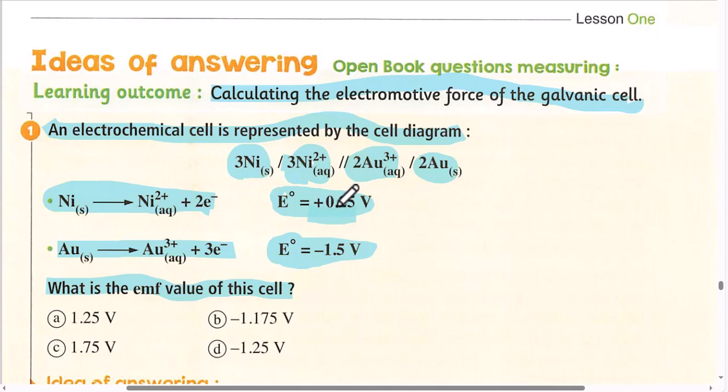So it is 0.25 minus negative 1.5, the oxidation potential of the cathode. Positive 0.25 minus negative 1.5 equals positive 1.75. So the correct answer here is C.